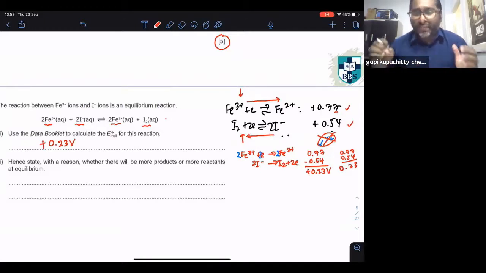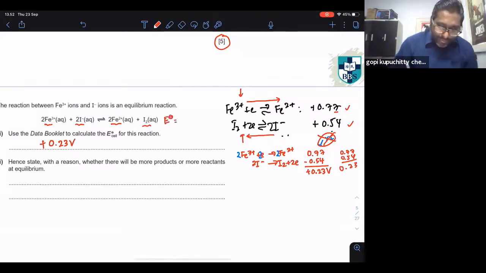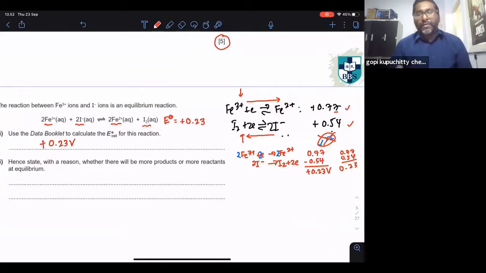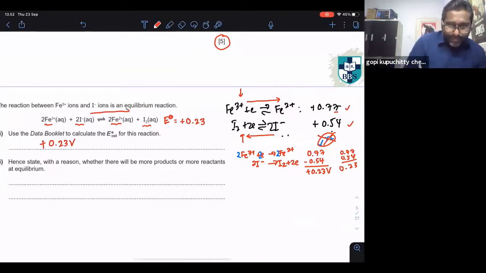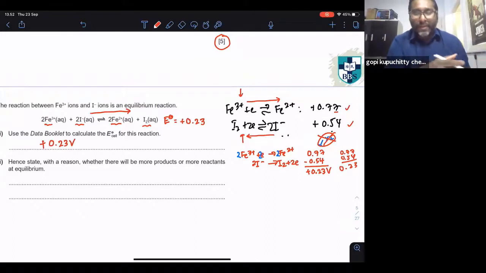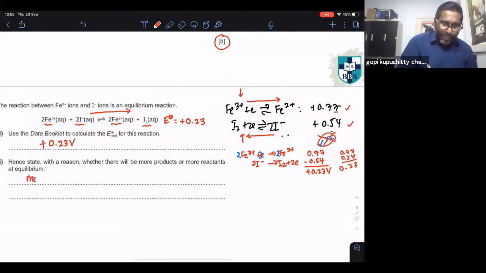To answer this, very, very simple. If your E value that you calculated is positive 0.23, positive, they will go to the right. If it is negative, they will go to the left. So this one is going to go to the right. Therefore, you can just conclude that the position of the equilibrium is towards the right, which is towards more product.